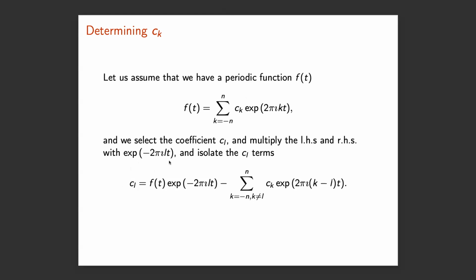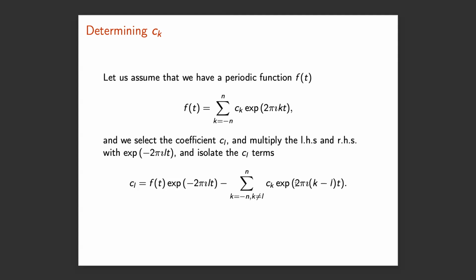If you look at this sum, there's a term where you have the exponential of minus 2 pi i L t times e to the 2 pi i L t. So if I isolate the term with L, I just get CL, and that's given by this term minus this term here.